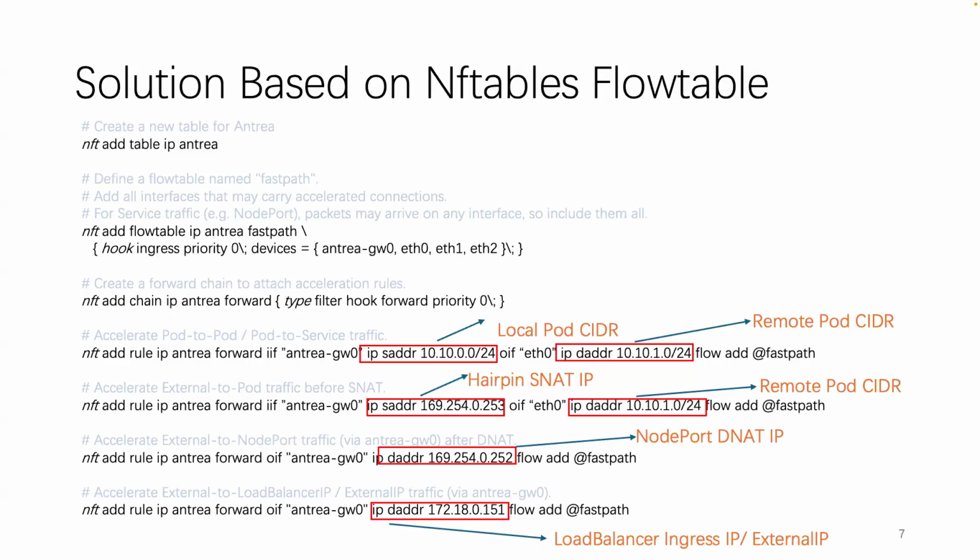I think no, we need to introduce an individual path to fix the issue. But if we decided to use NF table to speed up the traffic, I think this path will rely on it, because we need to introduce the NF table code first.